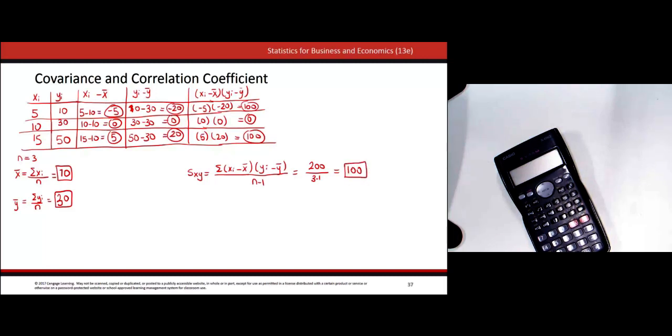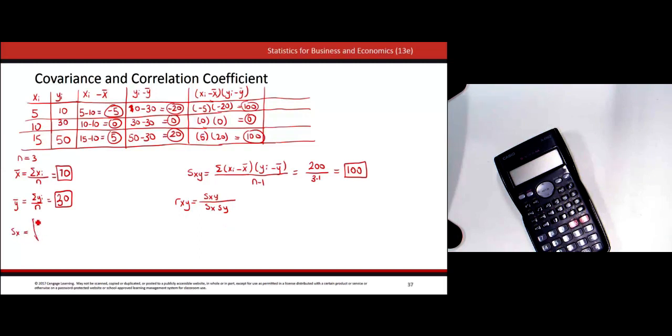How can we interpret this covariance? It is positive, so positive values of covariance indicate a positive relationship. But to comment on the strength of the relationship, we have to calculate the correlation coefficient, which is rxy, the covariance divided by the standard deviations of the variables. How do we calculate the standard deviation?